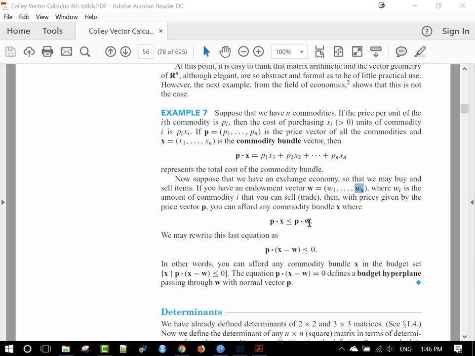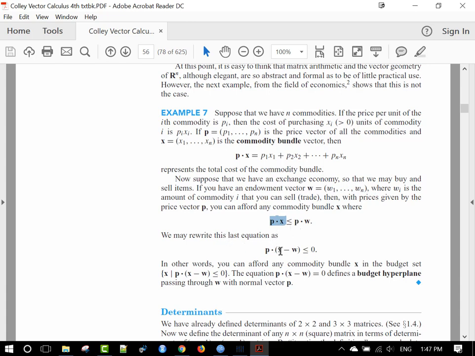So if you take the price vector dot this vector, that's the most that you have in terms of dollars. And so you can afford any commodity bundle which is less than this, and this is the cost of our commodity bundle, so this has to be less than this.